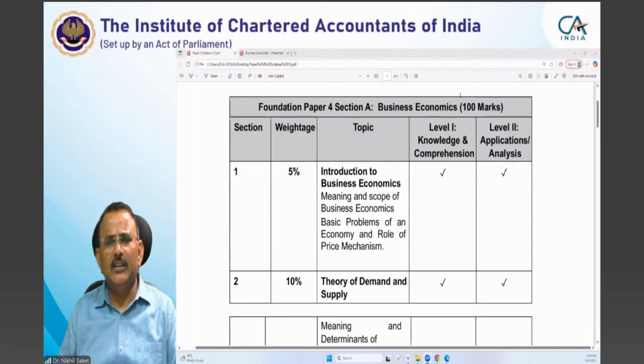So sometimes in this module, questions come on the distinction between economics and business economics, what the different types of systems are, what the characteristics of an economic system are, what the weaknesses are, why one system came into existence, and which countries are following a particular system, like the capitalist system, socialist system, mixed economic system.